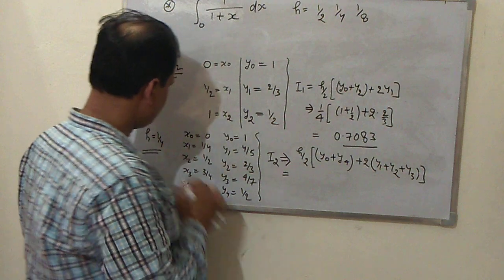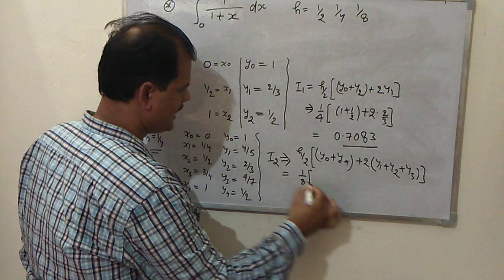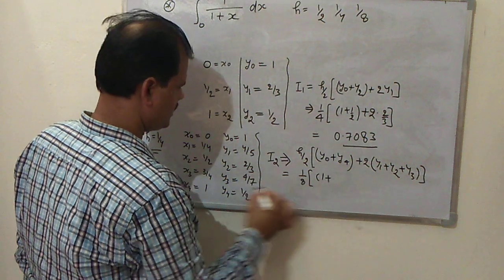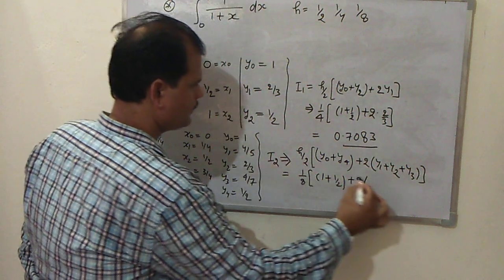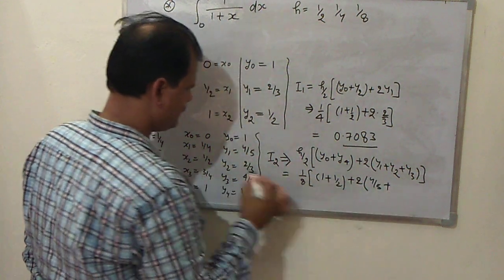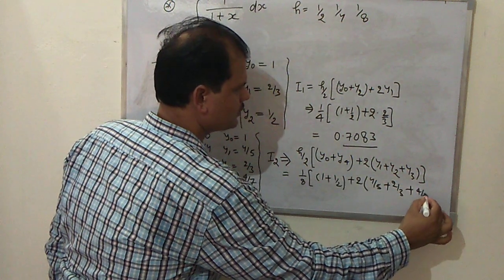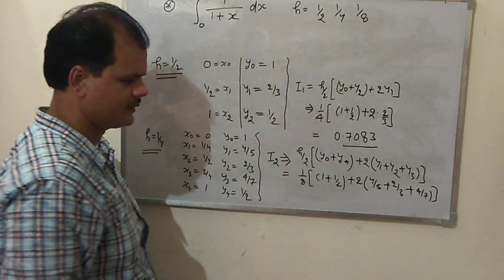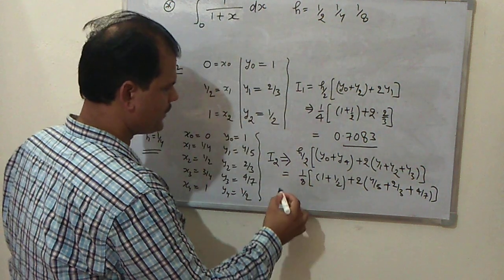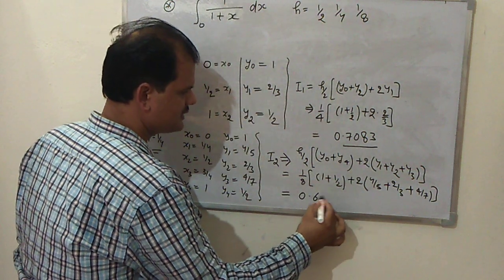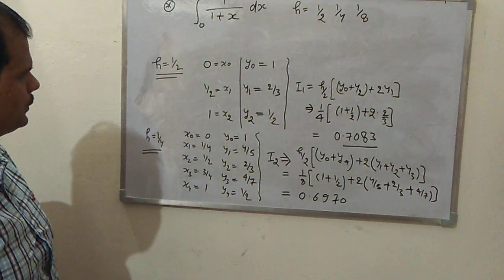So h equal to 1 by 4, so we get 1 by 8 here, and y0 equal to 1 plus y4 equal to 1 by 2 plus 2 into 4 by 5 plus 2 by 3 plus y3 equal to 4 by 7. So this is your I2. Now if we simplify, we get 0.6970. So this is your I2.